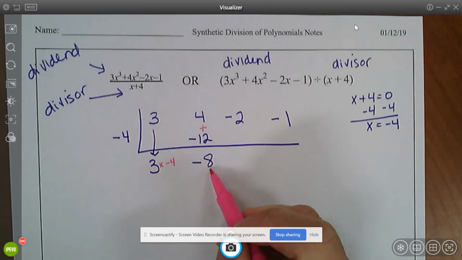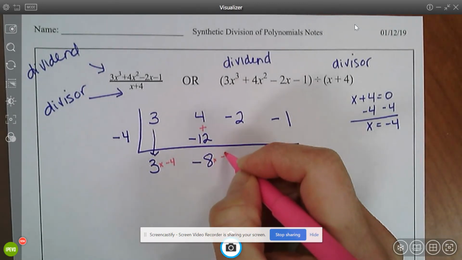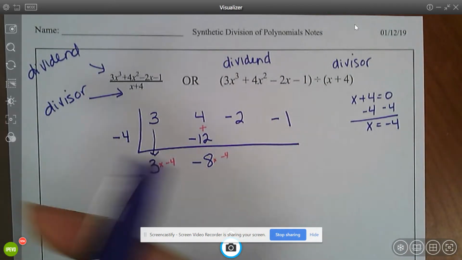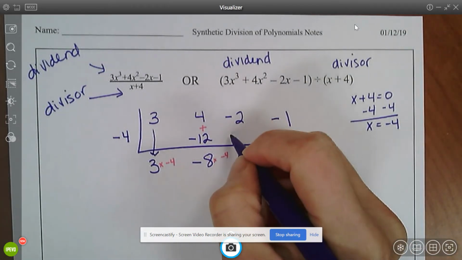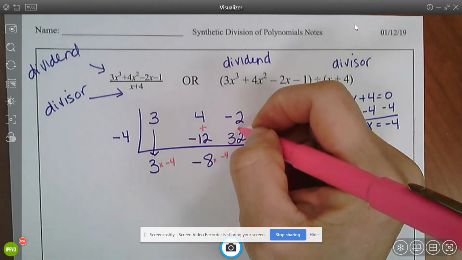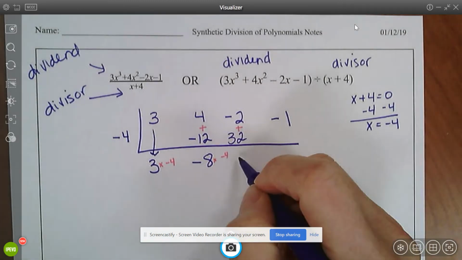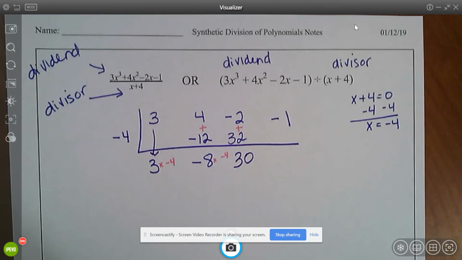Then I'm going to multiply this number by the -4 again. So -8 times -4 is positive 32. I'm going to add these numbers together again, so it's the same process every time. -2 plus 32 is positive 30.